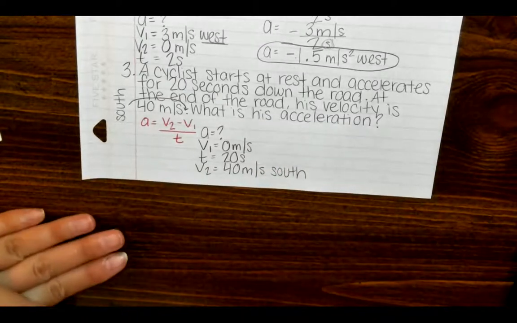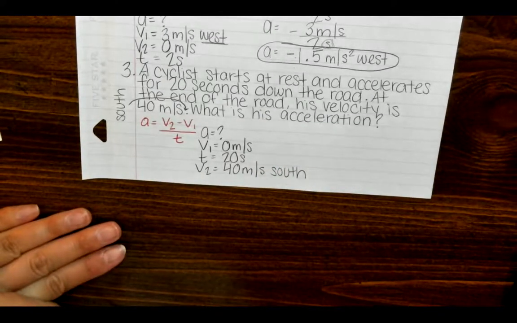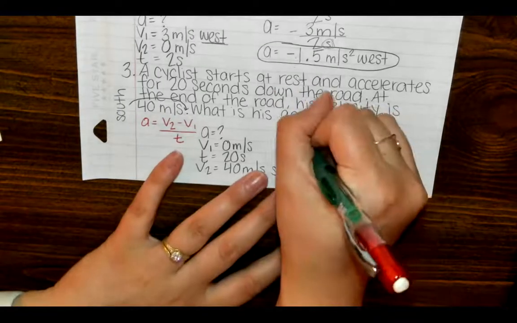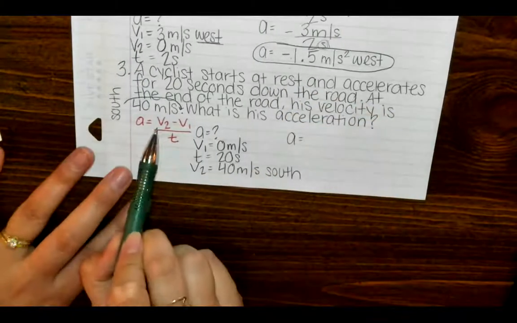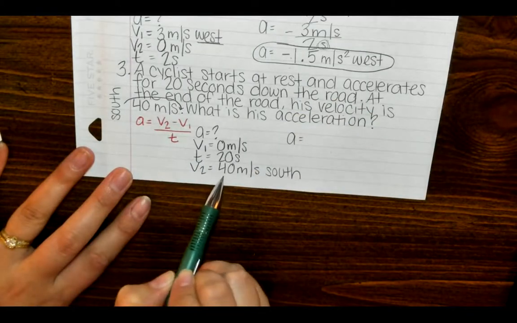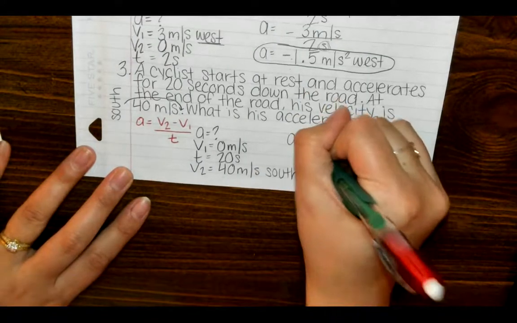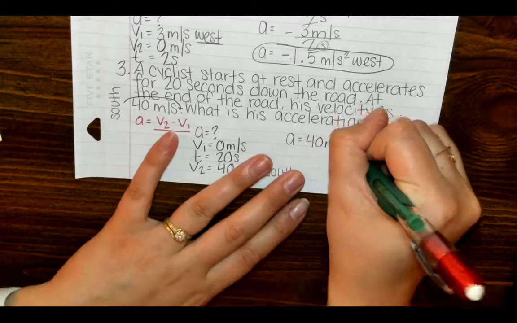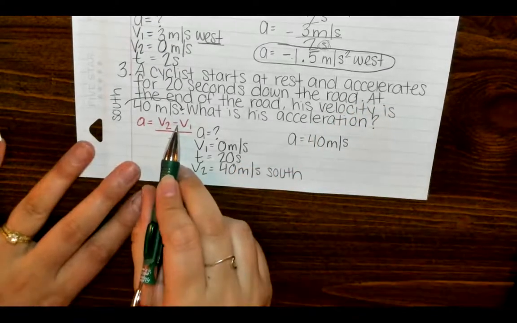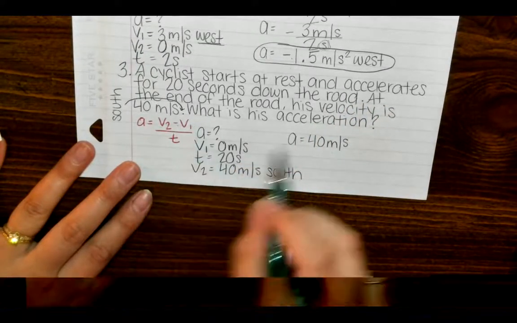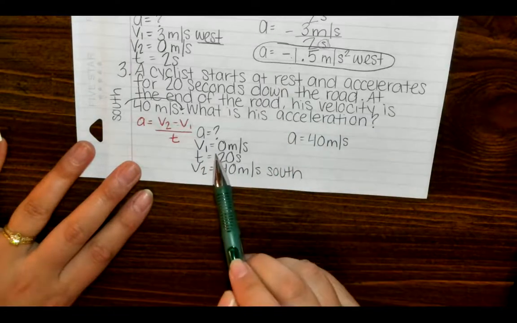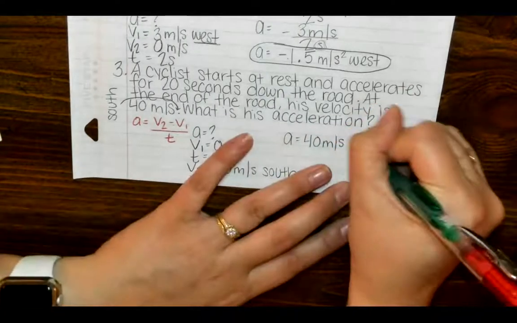Okay, so now we have all of the missing pieces, and we can go ahead and put them into the formula. We don't know A, but we're going to plug in our V2. Our V2 is 40 meters per second, minus our initial velocity, and because he was at rest, his initial velocity is 0.